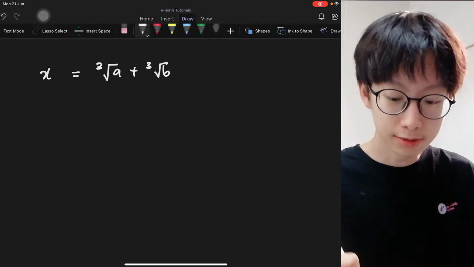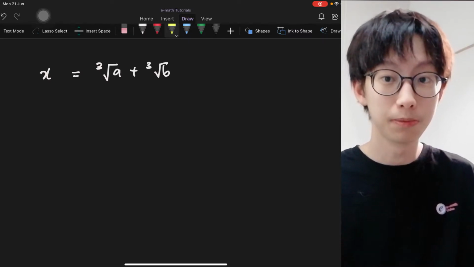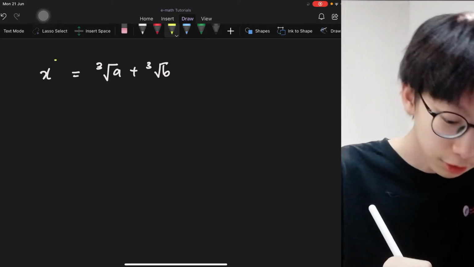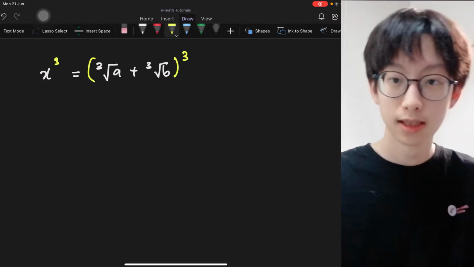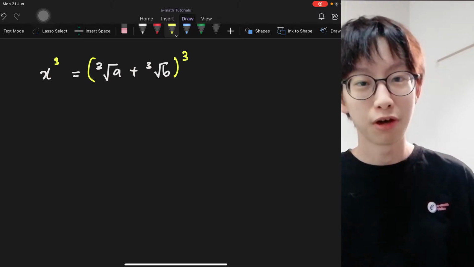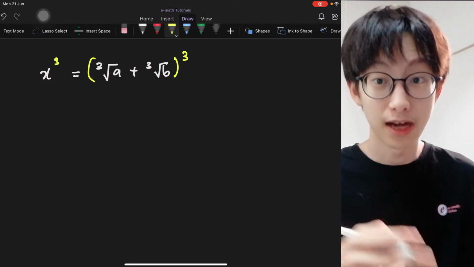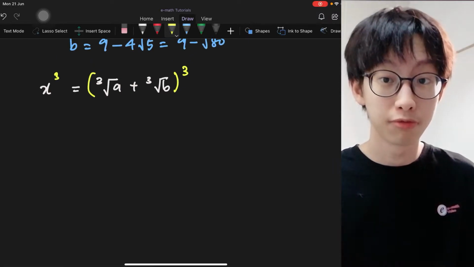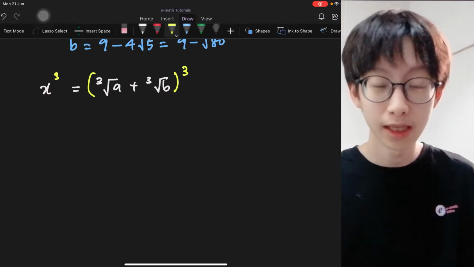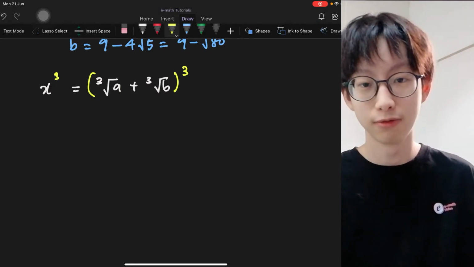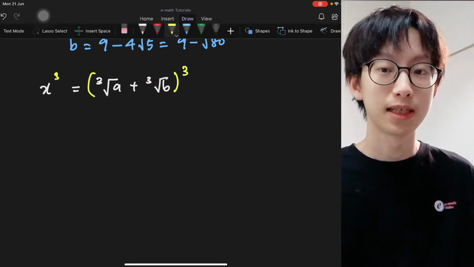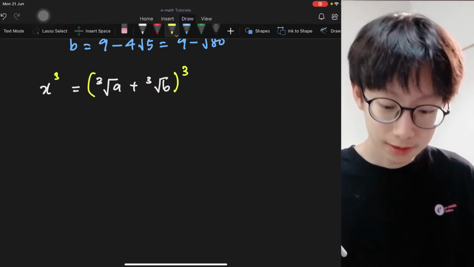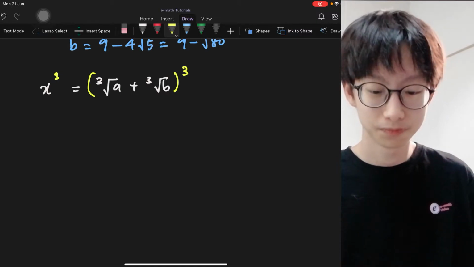Originally this is just a first degree polynomial, because x is only raised to the first power. So when you take the cube on both sides, when we solve at the end, we'll get 3 solutions for x, but only one of them fits our original equation. So you need to always be careful about that. The easiest way is to get all the answers, then substitute back into the original equation. Just a small note for you to take note.